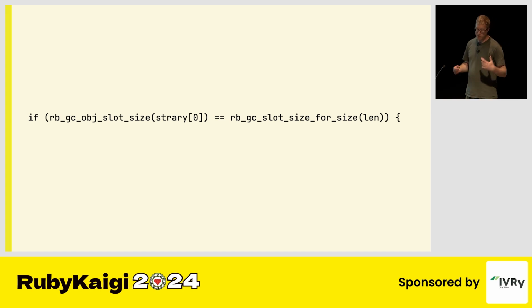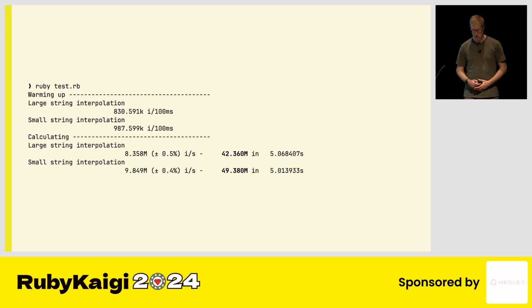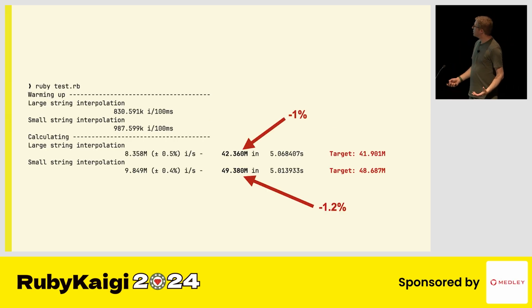And that would allow us to avoid the allocation penalty that comes from converting an embedded string to an extended one. And I ran the benchmarks again, and this time the performance numbers were much, much closer. There was still some small variance, but nowhere near that 9% performance drop that we saw by removing the optimization entirely. And these smaller regressions could probably be explained away due to benchmarking noise.